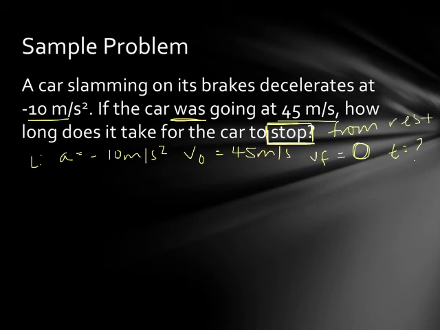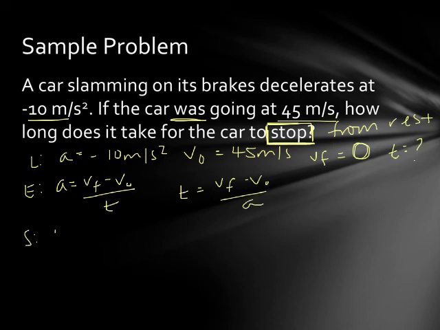Those things are going to mean 0. Okay? So our equation is A equals VF minus V naught over T. We want to know T. So T equals VF minus V naught over A.